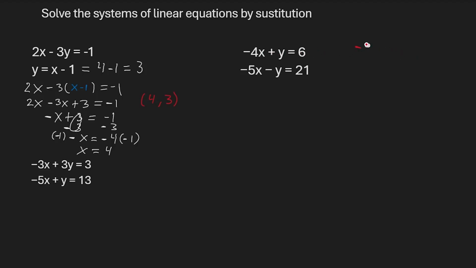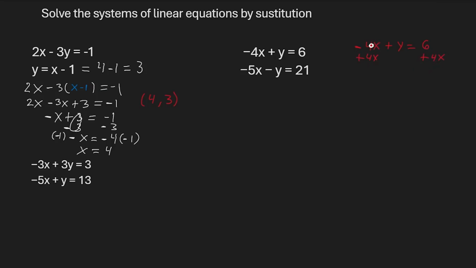So rewriting it, I'm going to rewrite -4x plus y, all of that equals 6. Then solving for y, I have to get rid of this negative 4x. So by doing the opposite, right? Adding 4x, adding 4x. Okay.